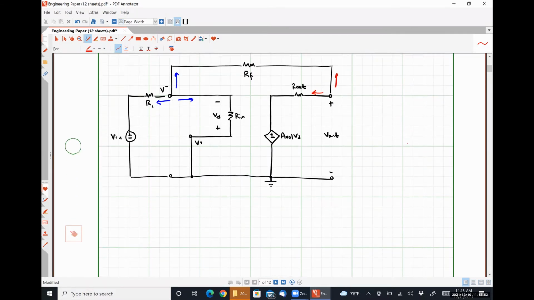So applying KCL at our inverting input, and I'm going to substitute the values for things in here.